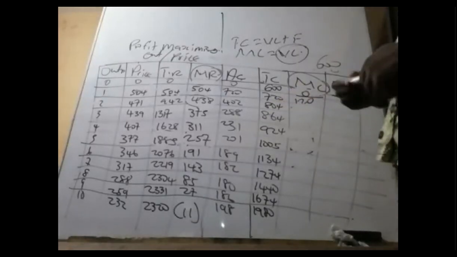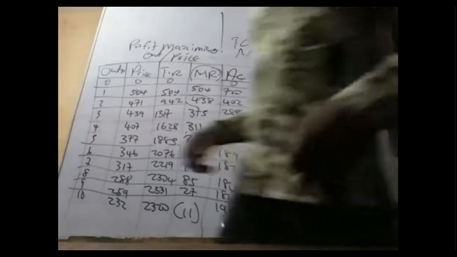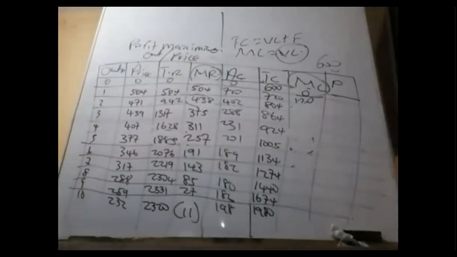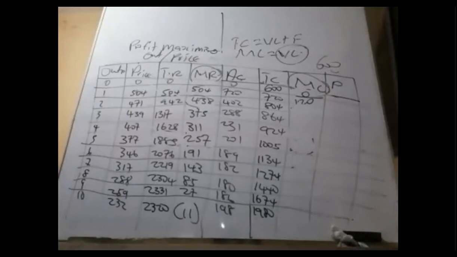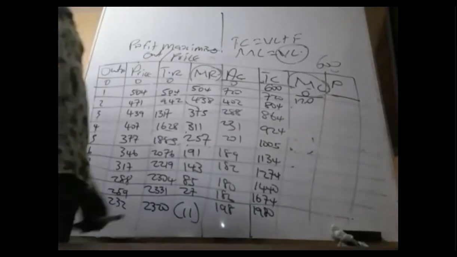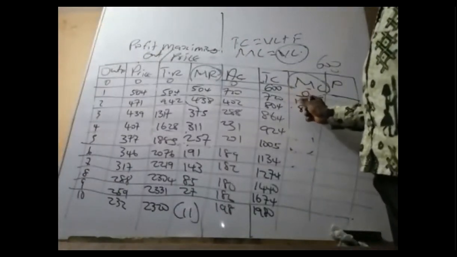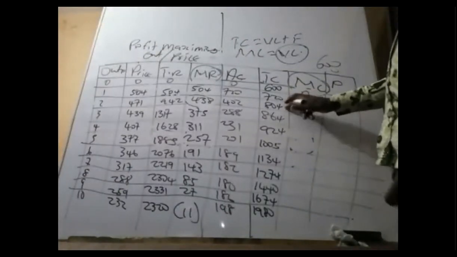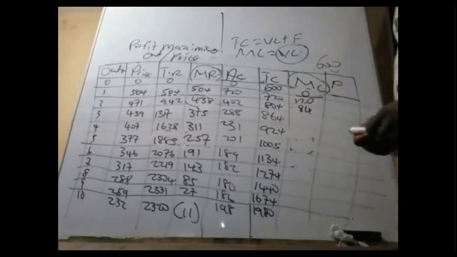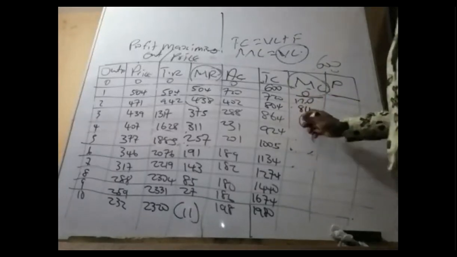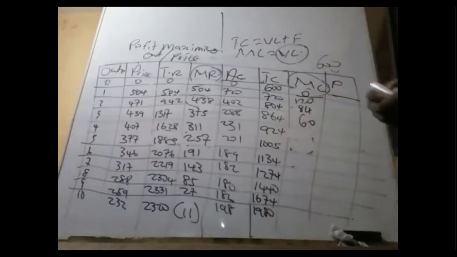Okay, so 84. So this minus this is 84, right? This minus this will give us 60.